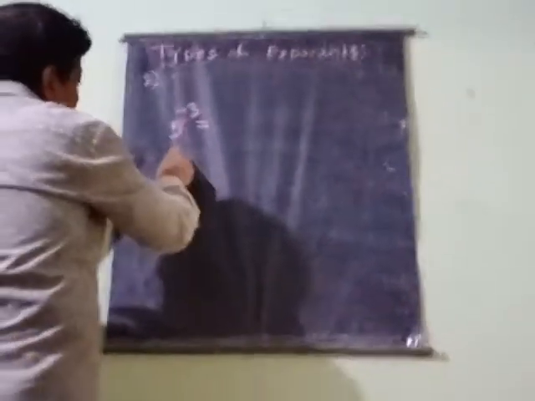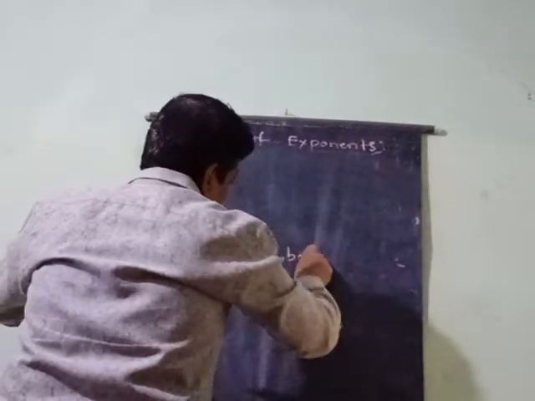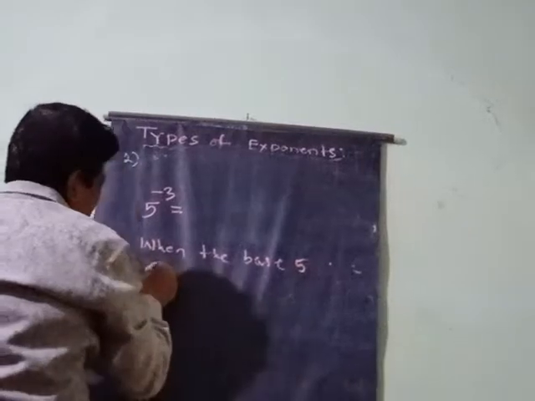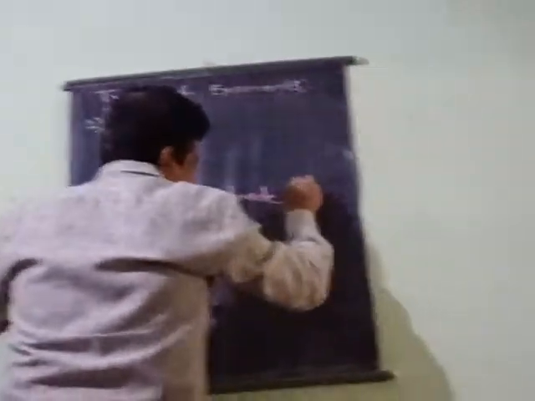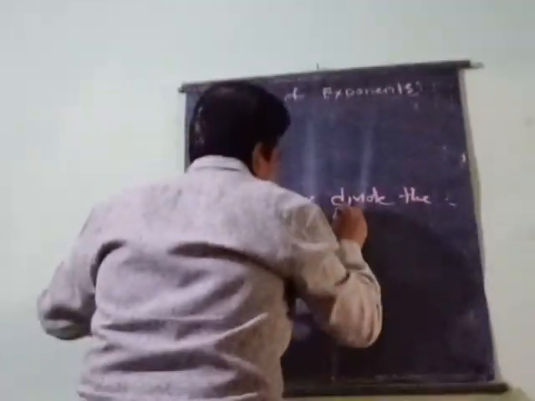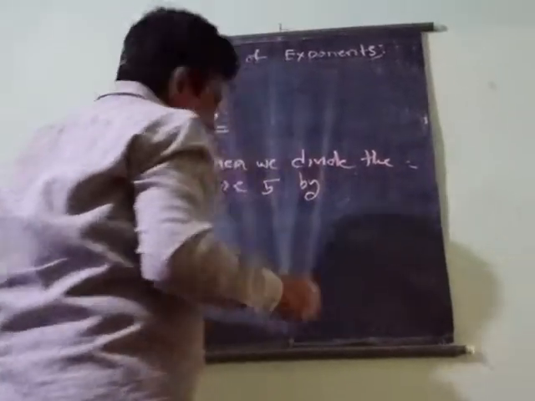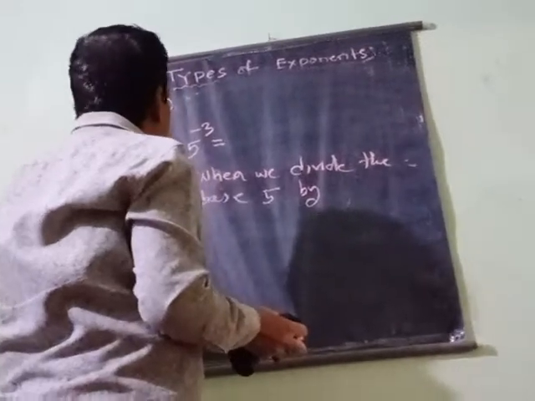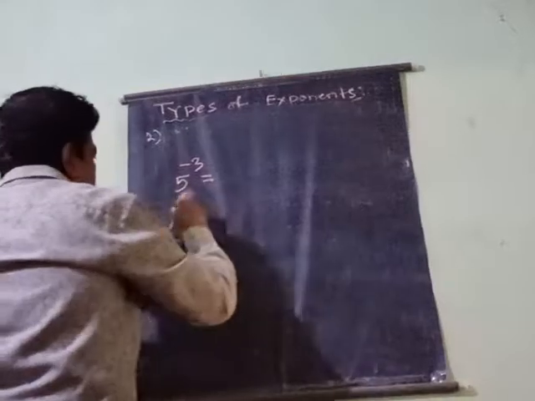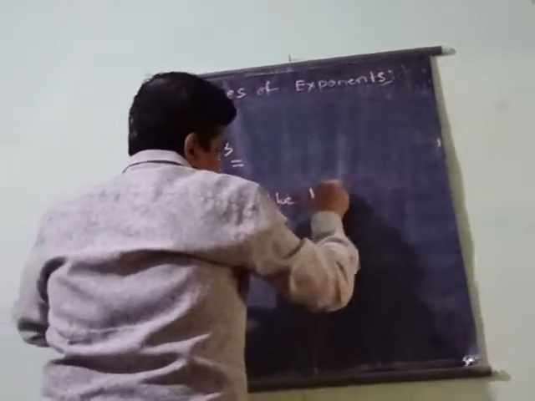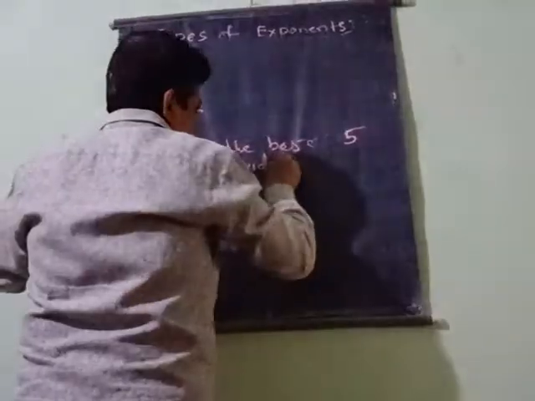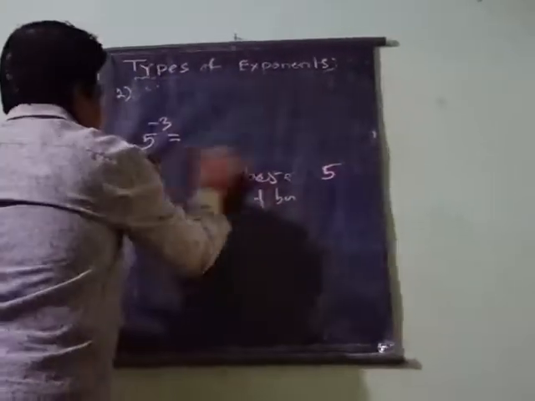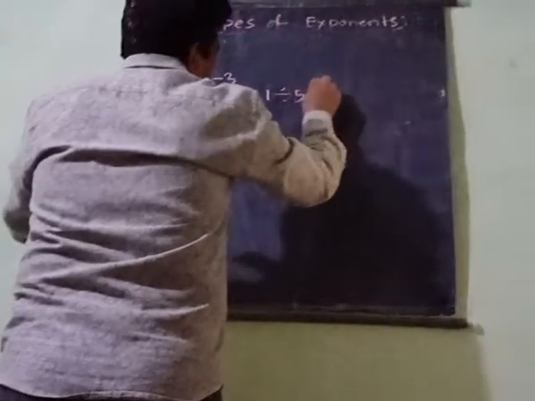When we divide the base 5, you see, 1 divided by 5 divided by 5 divided by 5.